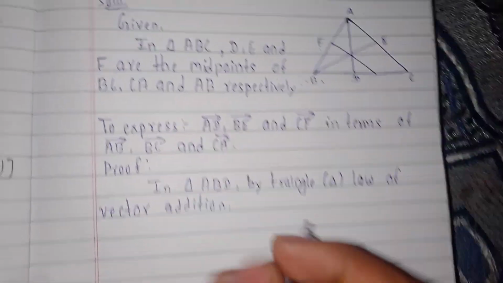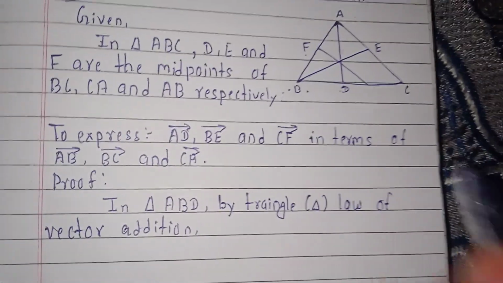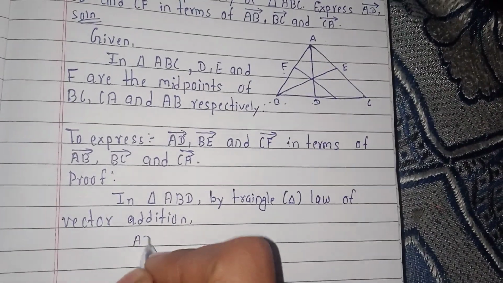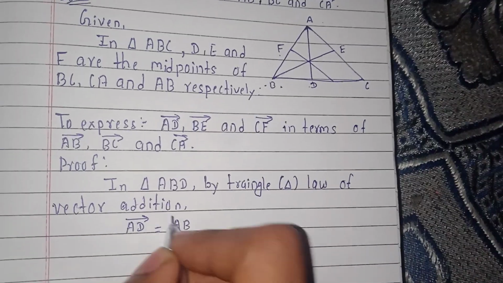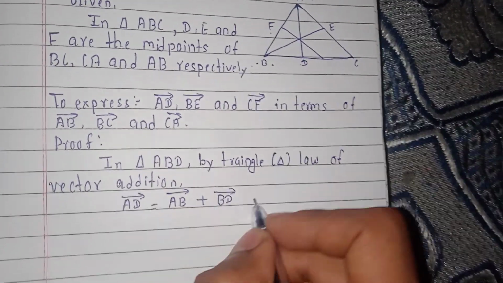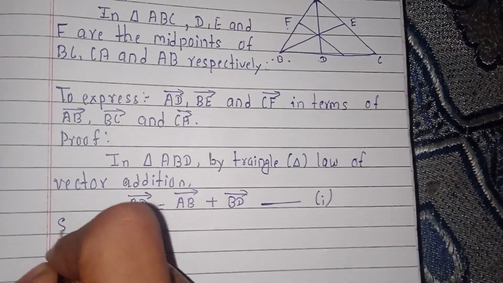So if I use the triangle law of vector addition in triangle ABD, we write AD vector is equal to AB vector plus BD vector. This is the first equation.